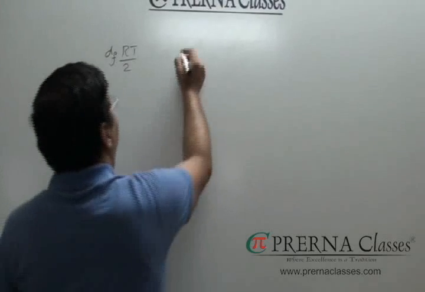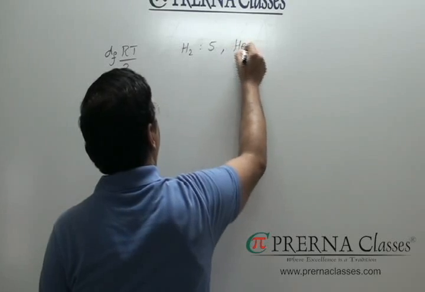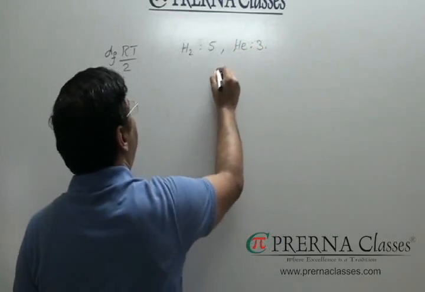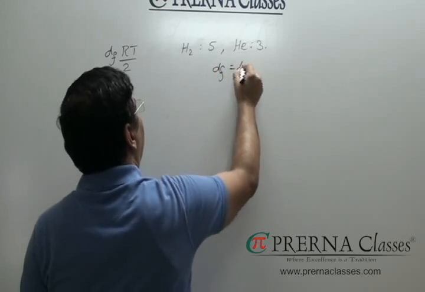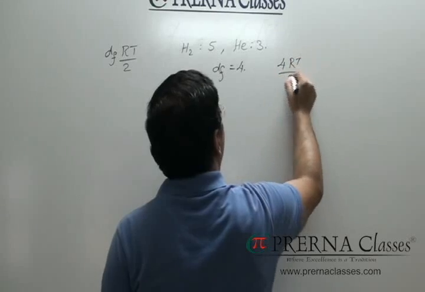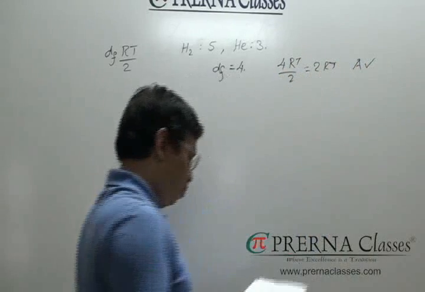We also know that for hydrogen, the degrees of freedom would become 5, and for helium, the degrees of freedom would become 3. In other words, the average number of degrees of freedom is 4, and therefore the energy is going to be 4RT by 2, that is 2RT. Hence, option A is correct.